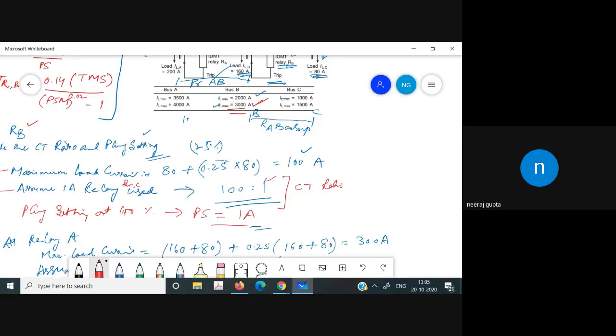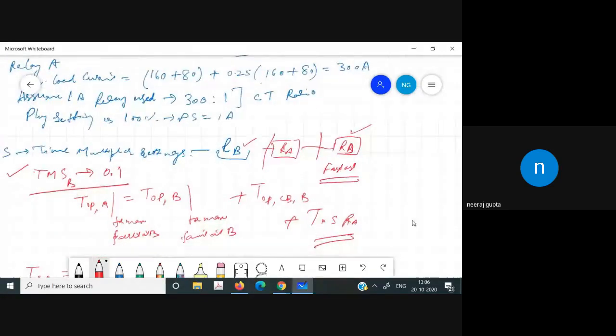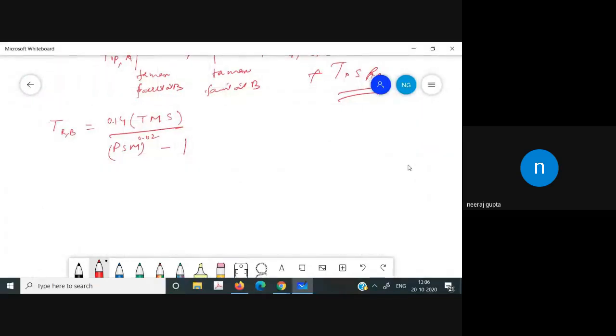So what we have to do? We have to do the setting for the maximum fault current. In this case, the maximum fault current for B is 3000 ampere on the primary side. Now, we have selected the ratio of the CT as 100:1.